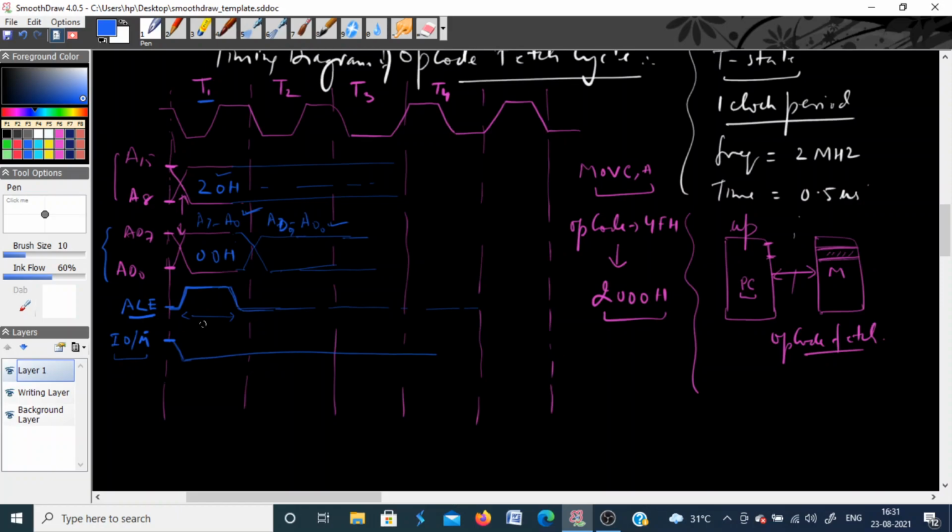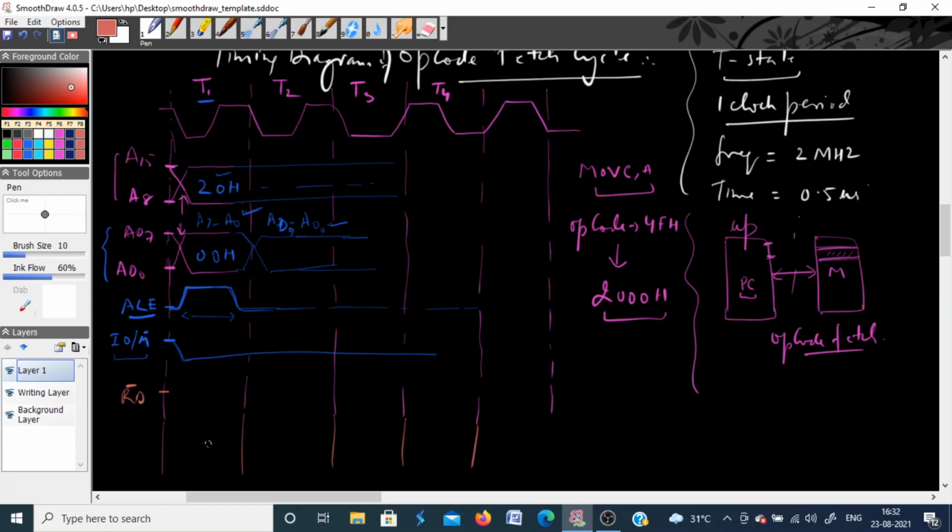Then you have to see another control signal, that is the read signal. You have to activate that now. When should this read signal be activated, during the first clock or the second clock? During the first clock the processor is busy latching the lower 8-bit address, so you cannot generate the read signal at the beginning of the first clock period.